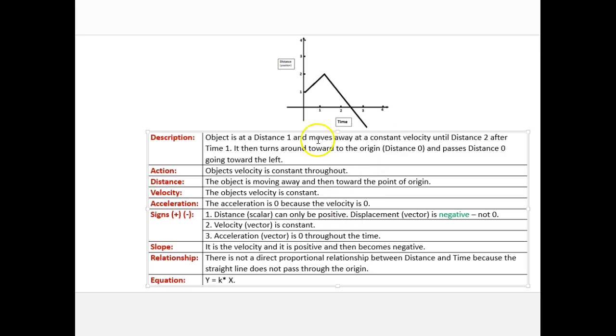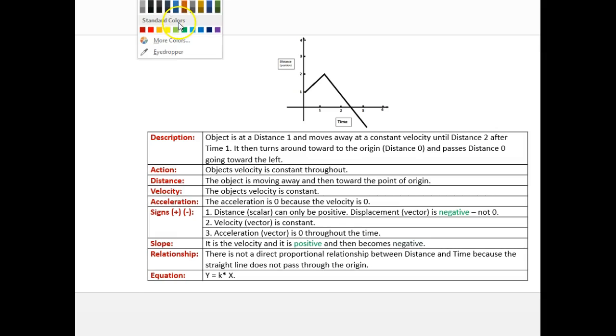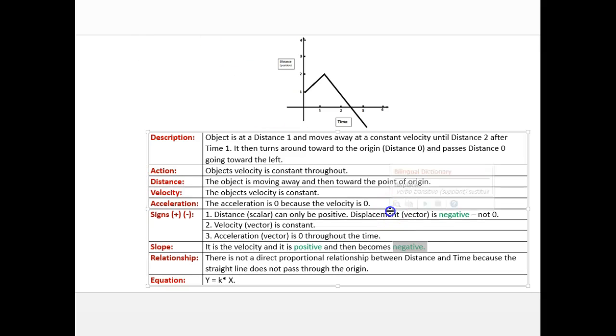The velocity is constant throughout. It's just that the velocity is going to be negative. First the velocity is positive, and then the velocity changes to be negative, because velocity can be negative.